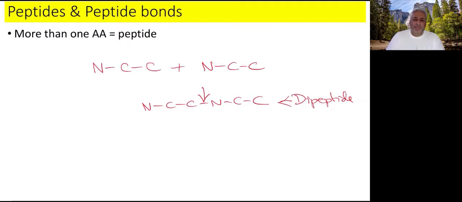You'll notice that the nitrogen atom, the free nitrogen atom, is on one side, and it's right here. And then if you look carefully, you'll see that there's a carbon atom on the far side by itself. And this gives orientation to the peptide. So this side is called the N-terminus.